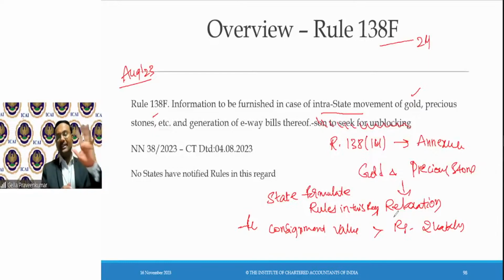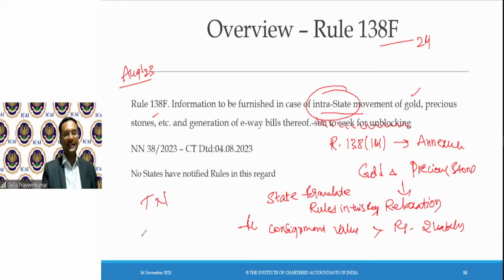Now, please keep in mind, in the previous slide I gave one example, economic advisory, consultant to economic advisory. So here, there is a scope for the GST where there is tax evasion happening from this particular diamond and gold business. So it is state specific, only for intrastate, not interstate, because assuming for a moment, Tamil Nadu government has formulated a policy.